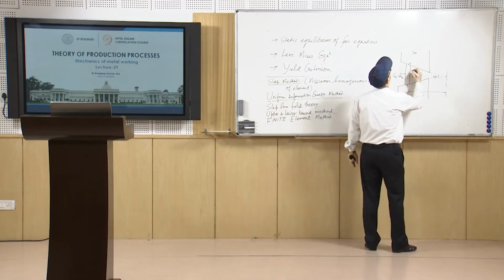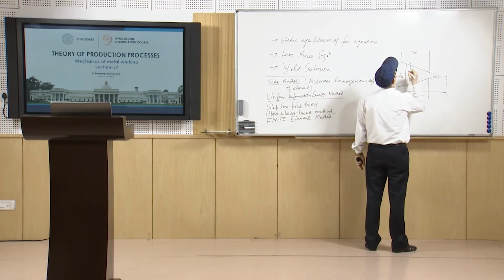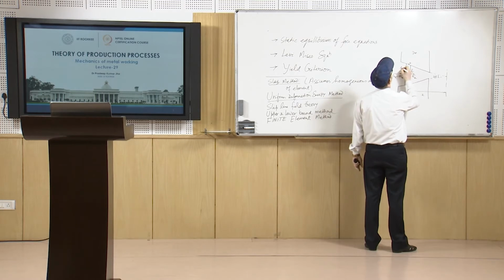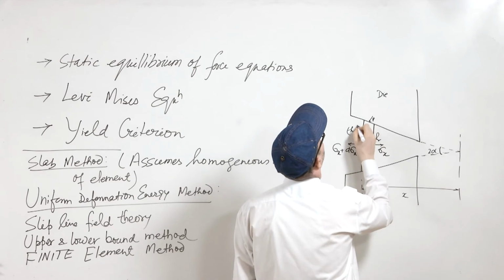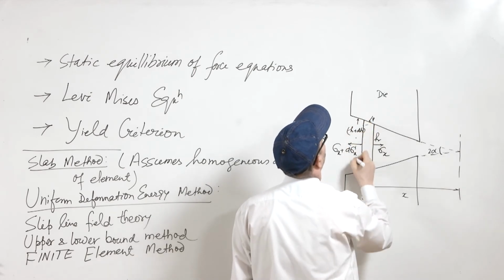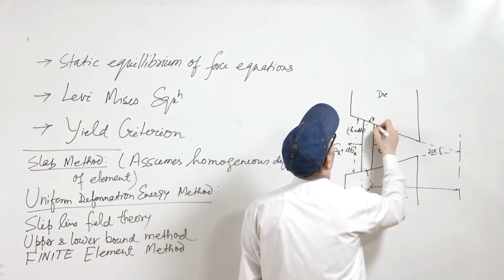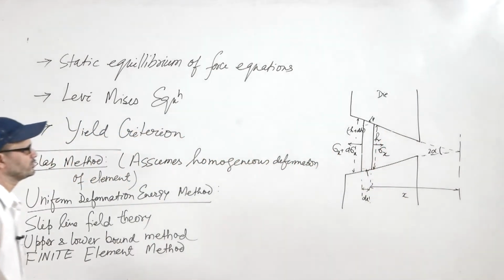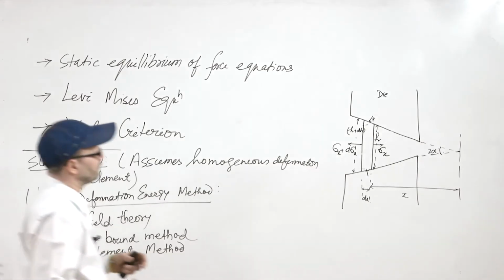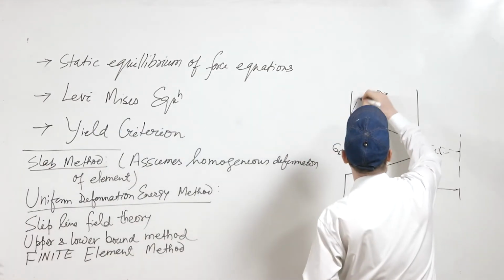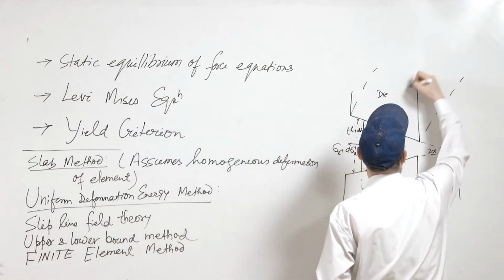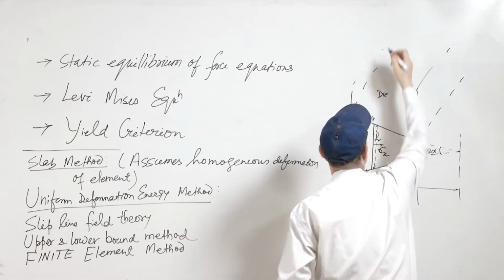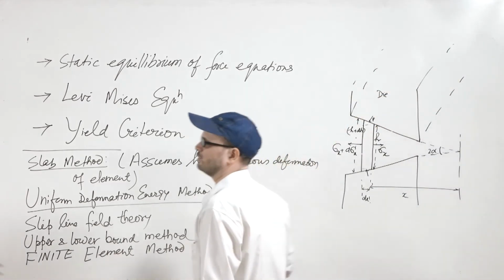Suppose this is h and this is h plus dh. This height is basically h plus dh from here to here. Similarly, this is h. Now suppose it has a certain width w, so this has the width w.